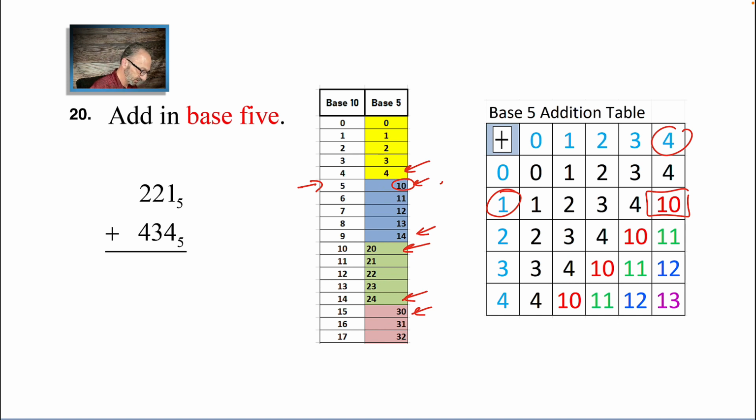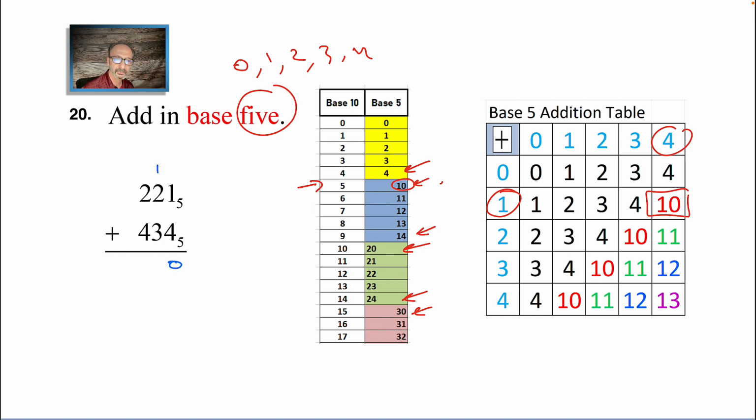But we can't write 5 in base 5 because we're using 0, 1, 2, 3, 4. That should be written as 0, and we carry the 1.